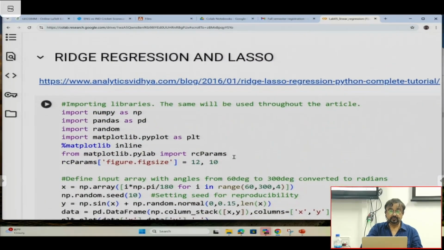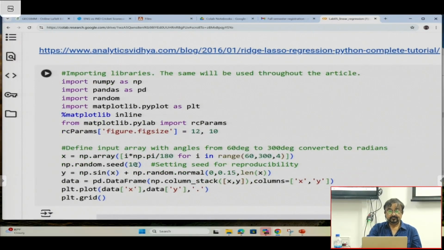What I will do is generate some data using a cosine function in the range of 60 degrees to 300 degrees. And then I will add some normal, Gaussian random noise to it, and then I will plot the data.